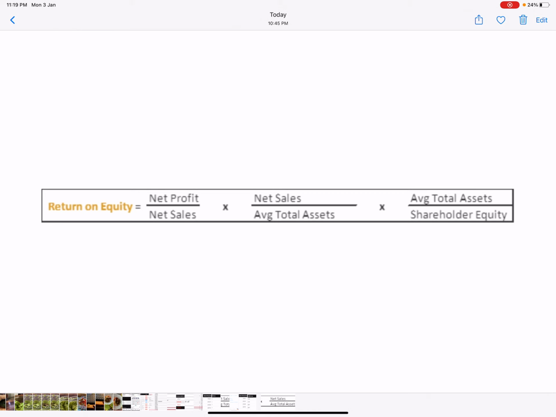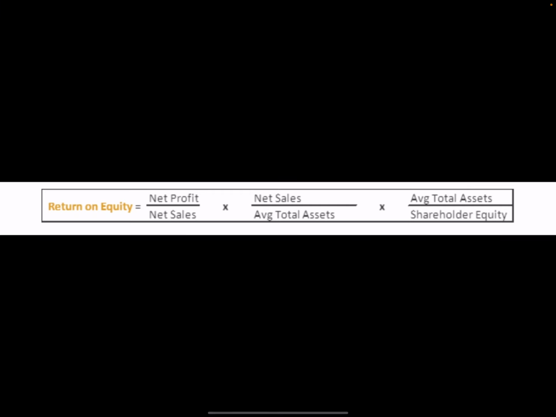However, in decomposing the ROE formula, we gain insight into three distinct aspects of the business. Let us look into these components of the DuPont model that make up the ROE formula. Net profit margin: net profit divided by net sales into 100.